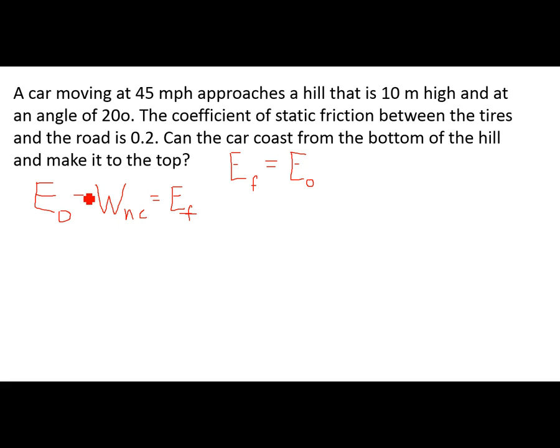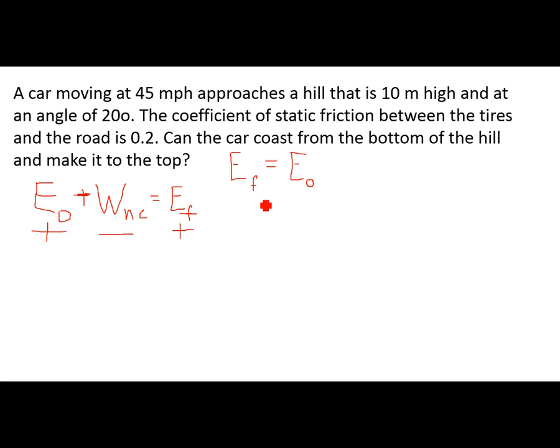Actually, I'm going to make that positive here, okay? And the reason I'm going to make that positive is a non-conservative force is going to be a negative. WNC is going to be a negative number anyway, so it's going to be positive energy, okay? Take away the energy you'd lose due to this non-conservative force, you'll end up with positive final energy.